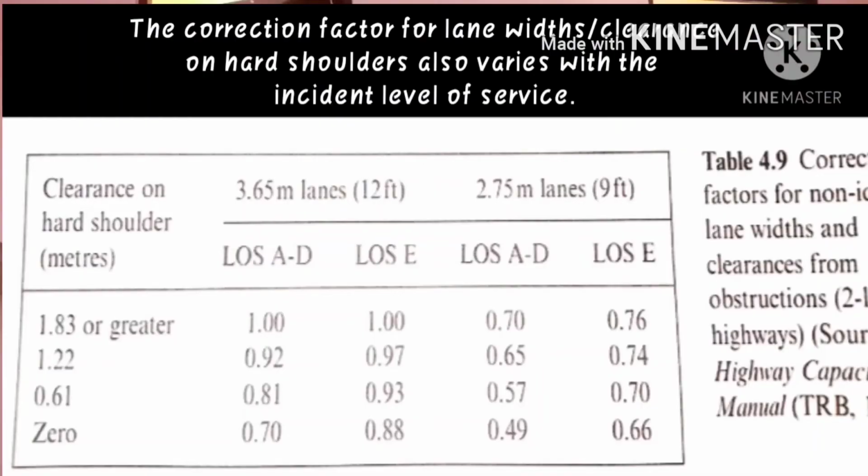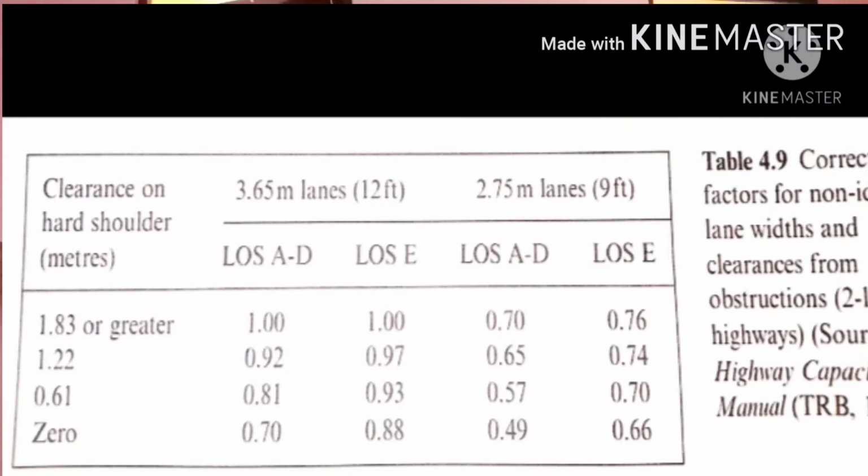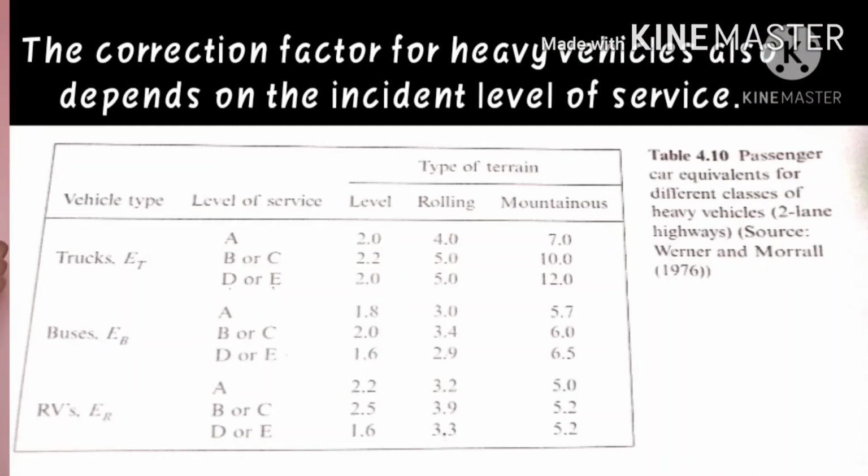Dito naman, the correction factor for non-ideal lane widths and clearances from obstructions. This table shows passenger car equivalents for different classes of heavy vehicles. Now, let's proceed to the next example.